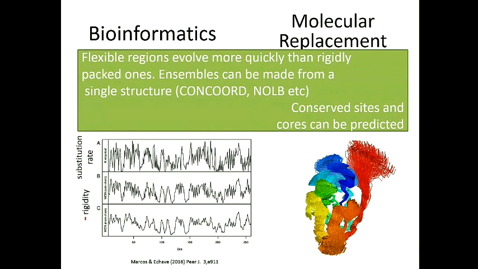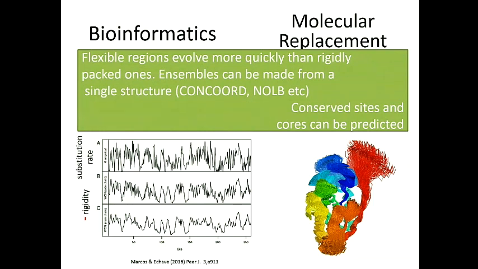And one route to make the most of those targets is based on this recent finding that flexible regions evolve more quickly than rigid ones, and that means that we can use rigidity and flexibility as proxies for parts of the structure that are likely to be evolutionarily conserved or evolutionarily variable. And you can see the correlation between substitution rate, the degree to which residues evolve, and their rigidity here. So we can predict roughly which parts of a protein are going to be variable in evolutionary terms.